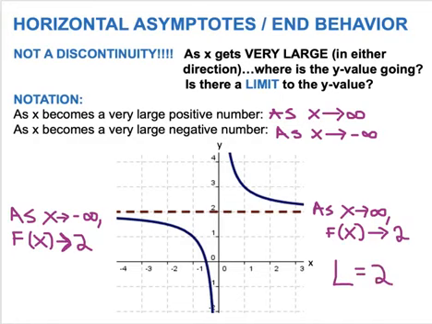Also, this section is over horizontal asymptotes. Notice here this dotted line. This is our horizontal asymptote. The equation for the horizontal asymptote here is y equals 2. So we have a horizontal asymptote of y equals 2.